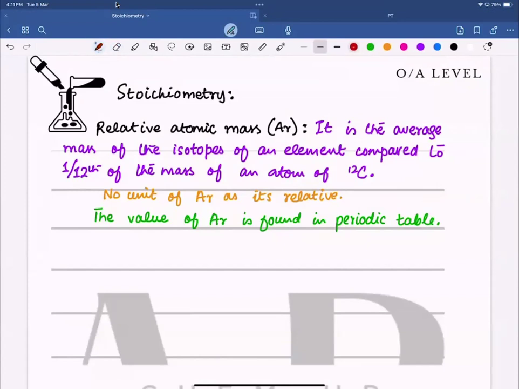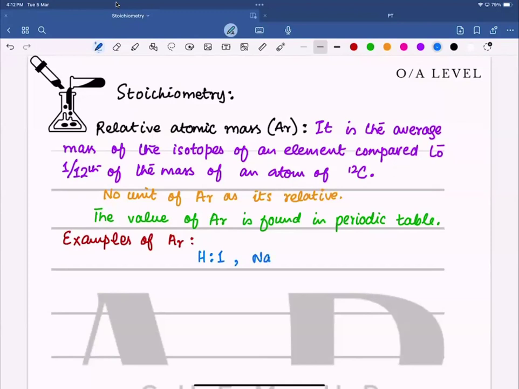Now, examples of relative atomic mass. So, for example, if I take hydrogen, its relative atomic mass is 1.